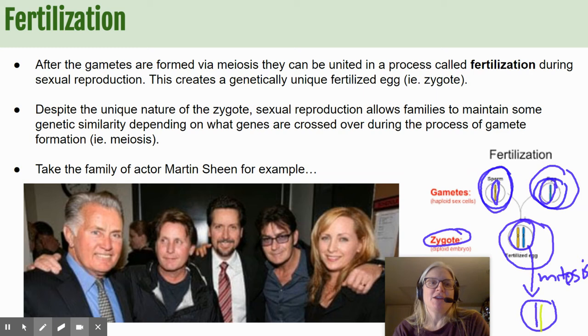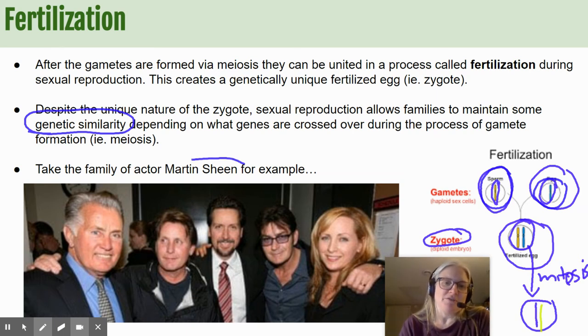Although there's talking about here down below in this picture, you do get some genetic similarity, as you probably noticed. You might have similar colored eyes to your mother, or some kind of genetic trait from your father. And sometimes they can be super obvious, like this example of the Sheen family down below here.